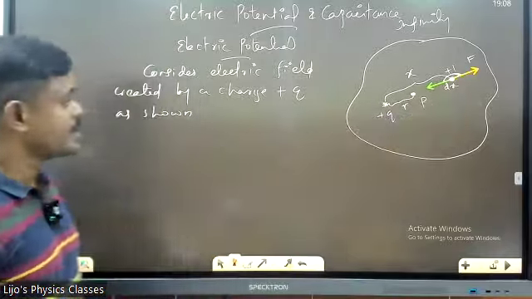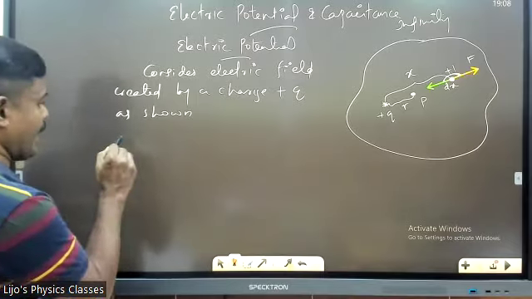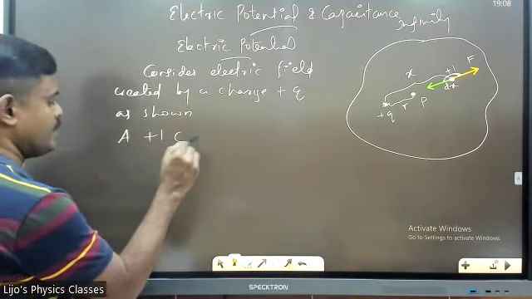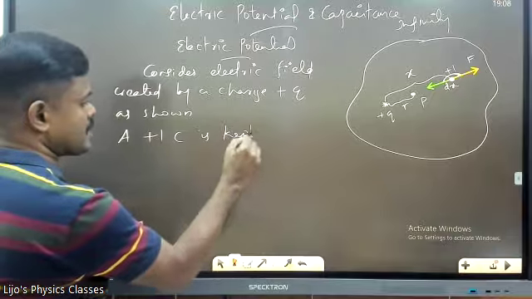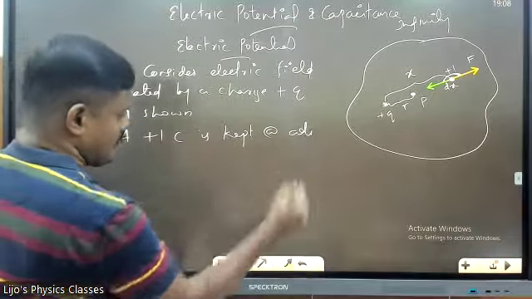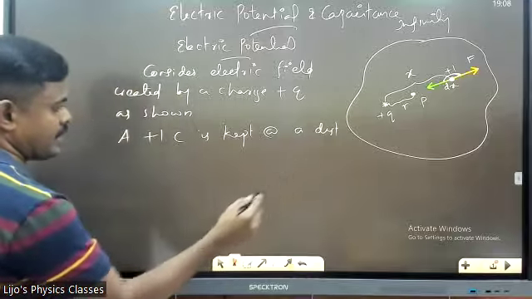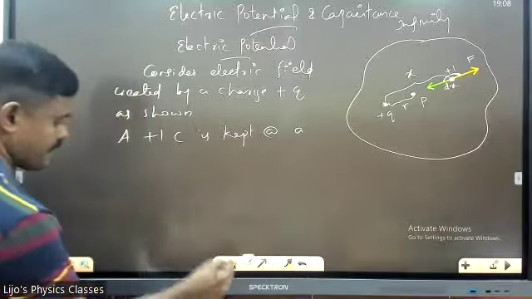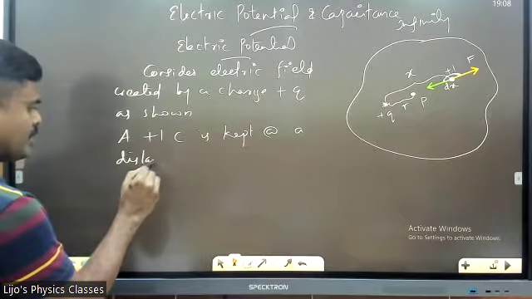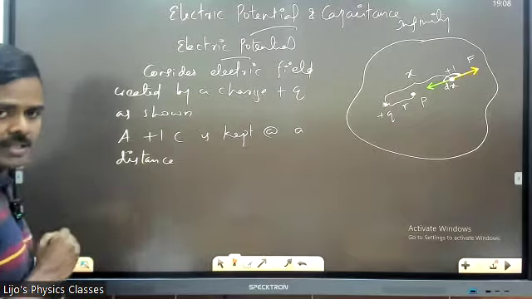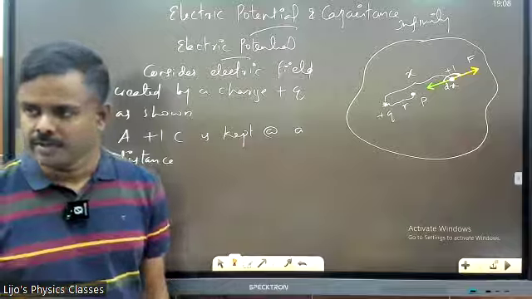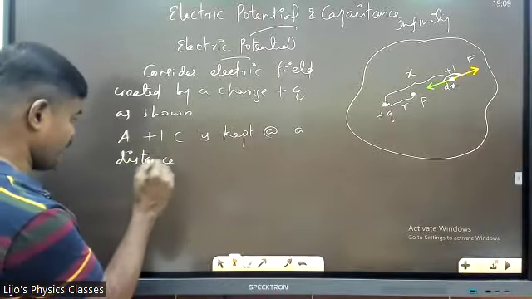Now, next line. A plus 1 coulomb is kept at a distance x from the charge. You are just writing whatever you see in the picture. You can write in your own words, but you always forget to write the introduction.